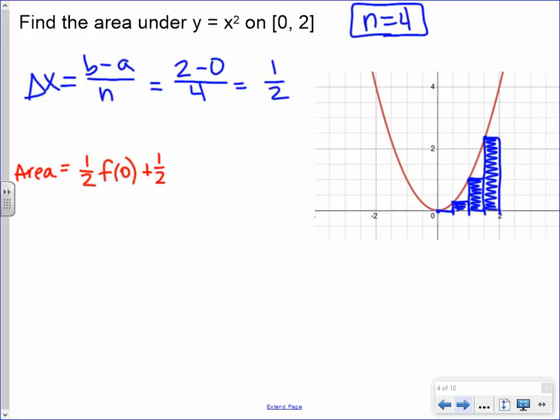This second rectangle has width of 1/2, and its height, since it's the rectangle going from 1/2 to 1 but we're using the left side, is the function value at 1/2.